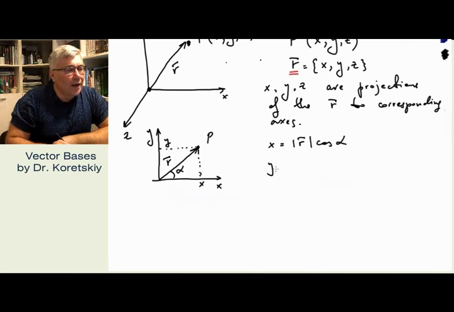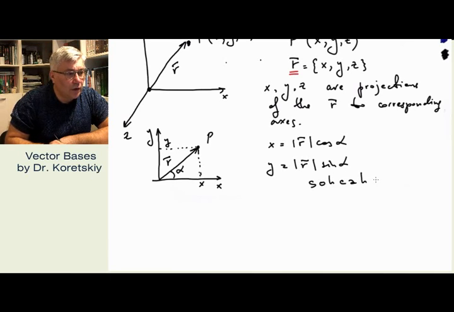It's very easy to calculate that x equals the magnitude of the vector r times cosine alpha. And the same thing about y, but it is r times sine alpha.